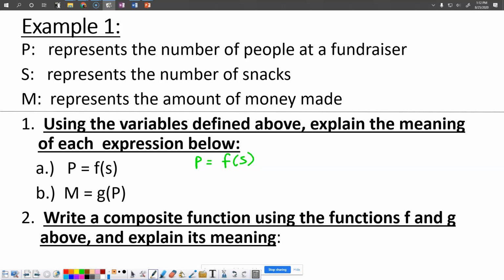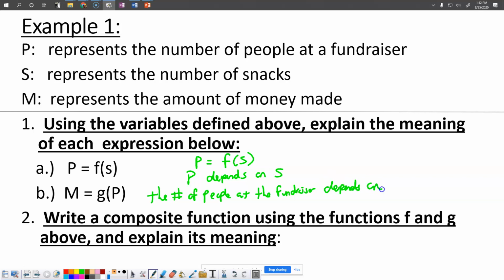The first step in interpreting this is you can say P depends on S. But then if we actually talk about what P and S represent, we could say the number of people at the fundraiser, which is P, depends on the number of snacks.